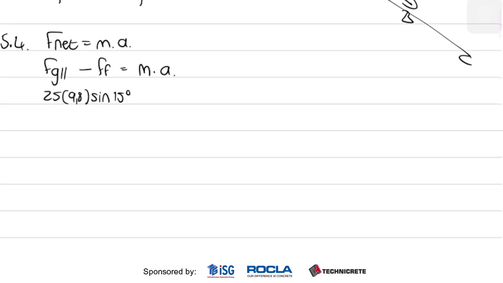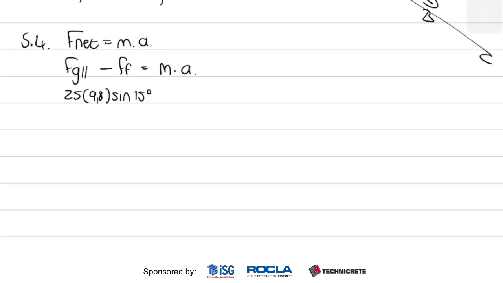So this is just a slightly more accurate way of doing it. Minus your frictional force, which you are trying to calculate, which should be equal to your mass, 25, and your acceleration. Since we've now made this our positive and minus our frictional force, we have to say our acceleration as a negative number.